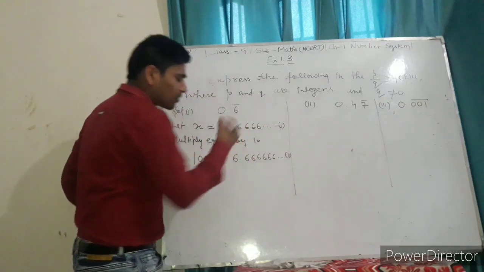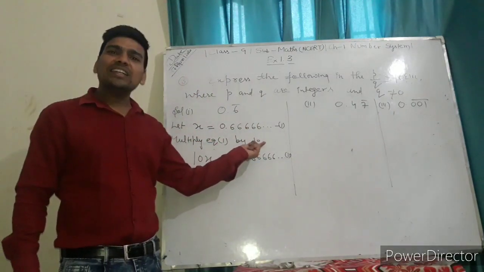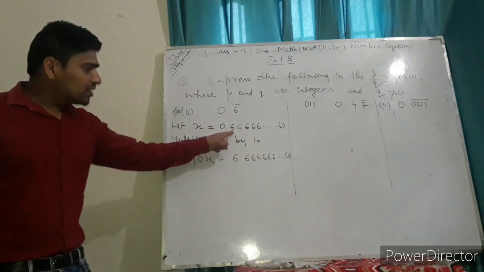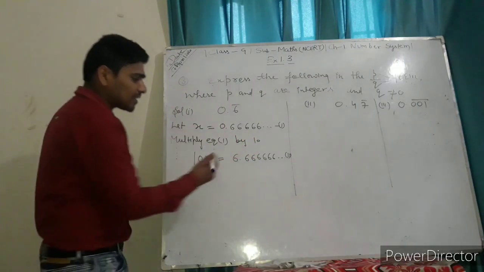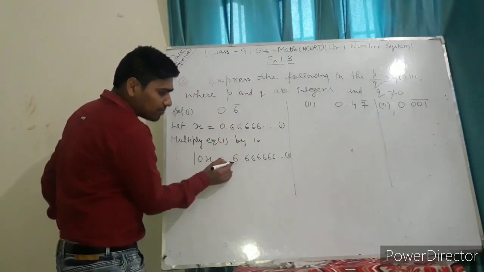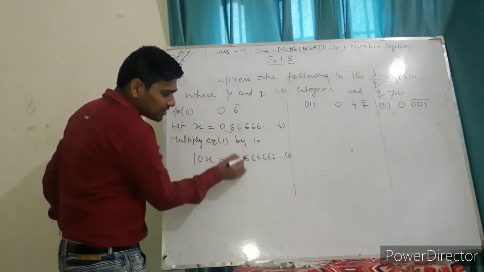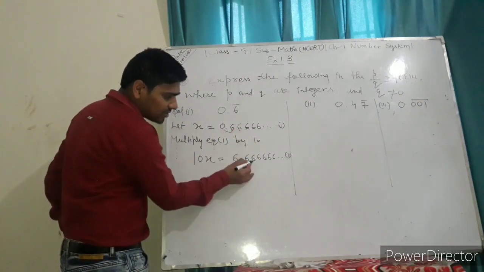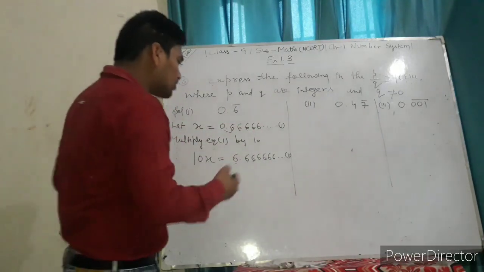This is equation 2. You already know how to multiply. If you are multiplying by 10, one digit will come before the decimal, so 6 has come at the place of the 0. Now this 6 is here, this 6 is here, and so on.